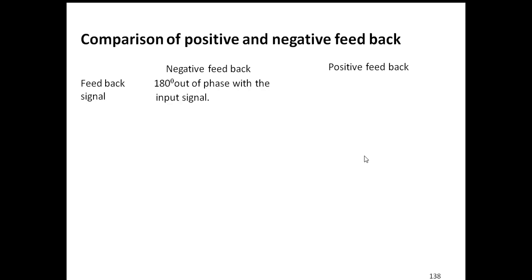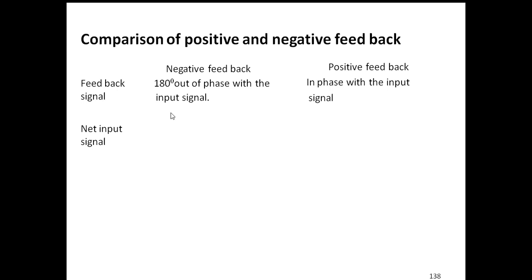Okay, comparison of positive and negative feedbacks. Here, the feedback signal: negative feedback and positive feedback. By the definition of negative feedback, the feedback signal is 180 degrees out of phase with the input signal, whereas in positive feedback, the feedback signal is in phase with the input signal.